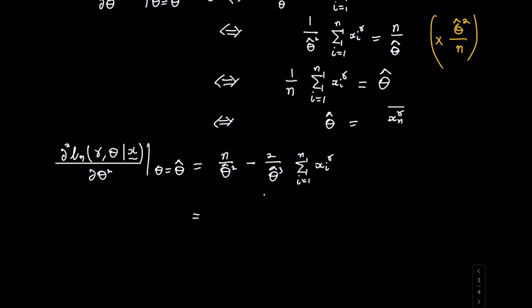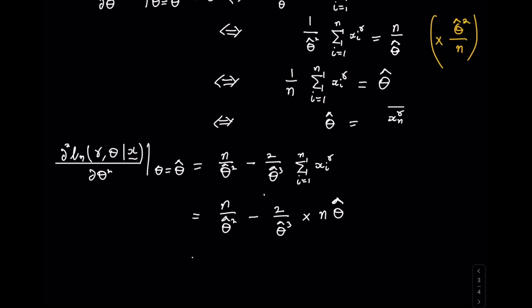In other words, this is n on theta hat squared minus 2 on theta hat cubed times n theta hat, by definition of what our theta hat has to be evaluated at.